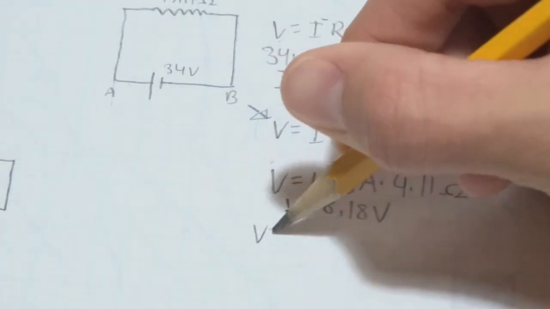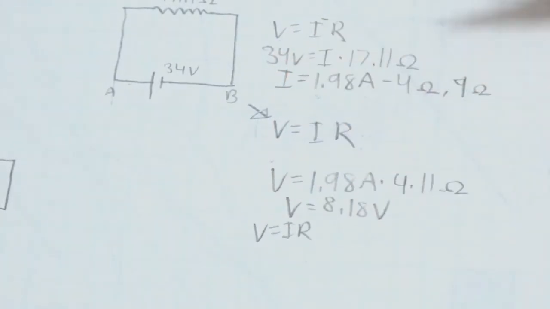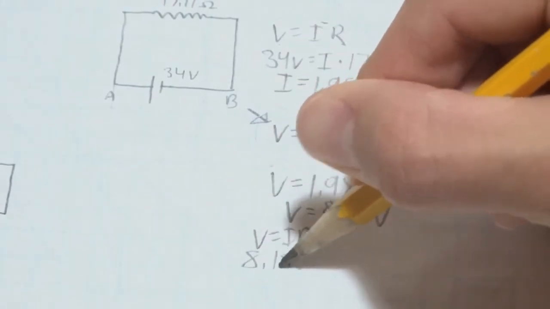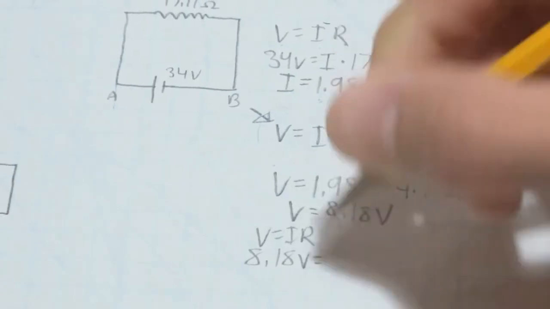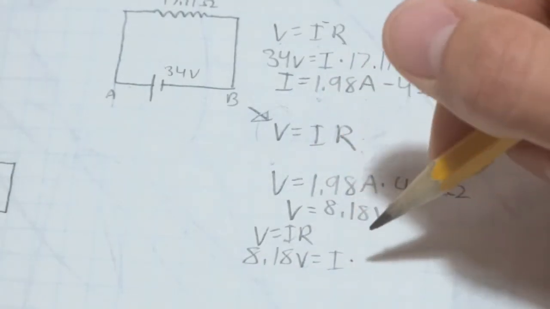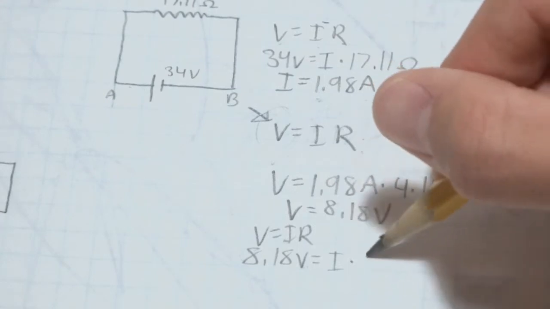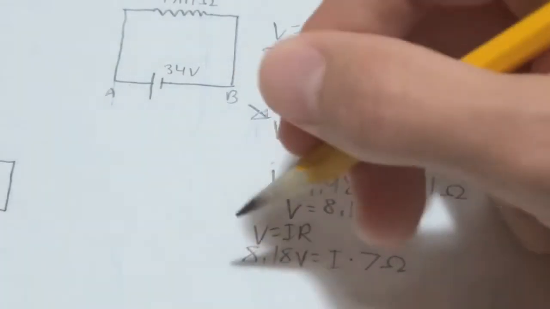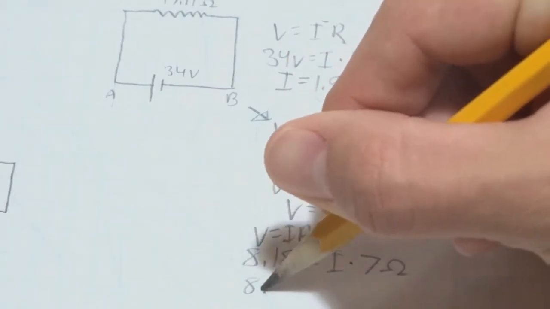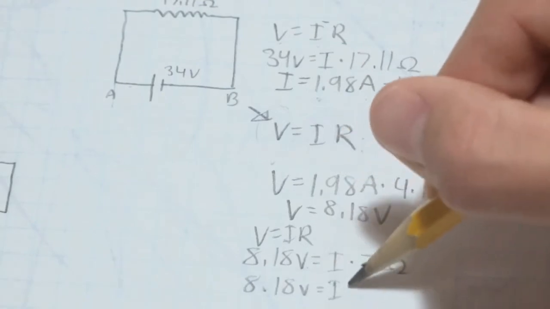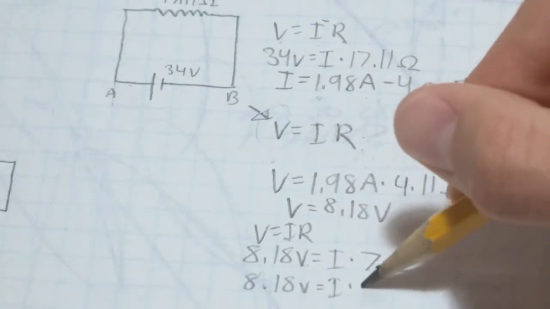So, again, V equals IR. 8.18 volts equals I, that's what we're trying to find, times resistance. Now in this case, we're going to use the 7 ohm resistor. And then we'll do this again. 8.18 volts equals I times the 10 ohm resistor.